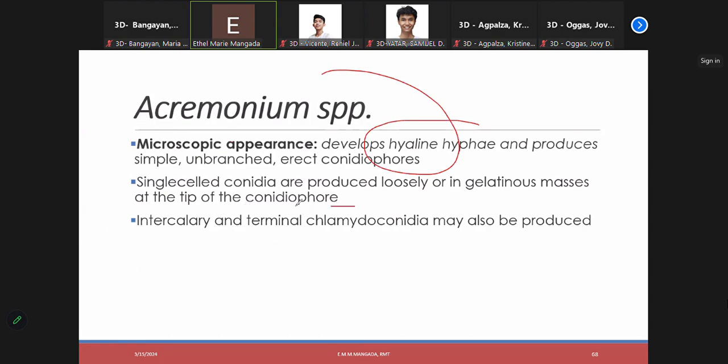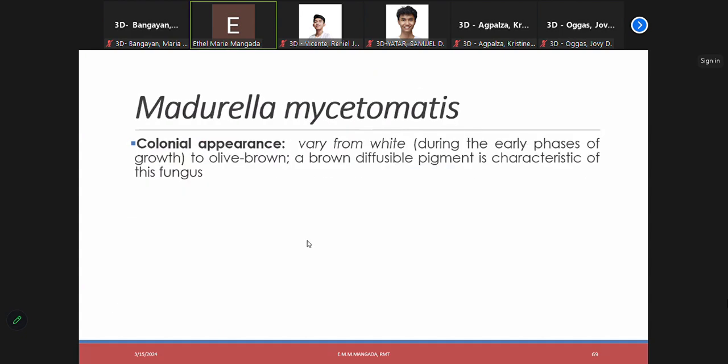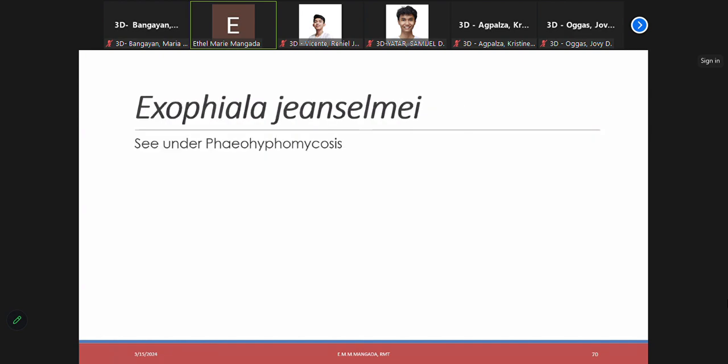It also has intercalary and terminal chlamydoconidia. So, when we say intercalary, it's in the middle, your chlamydoconidia. Terminal is at the end. So that's for your Acremonium. Colonial appearance, it's white to olive brown, and sometimes the brown pigment is also diffusible.